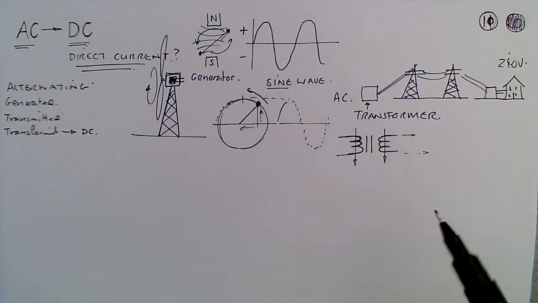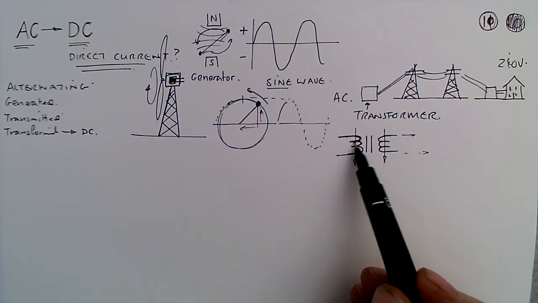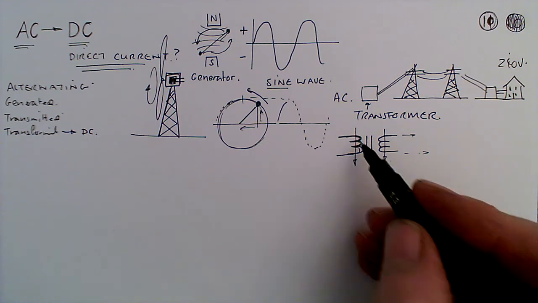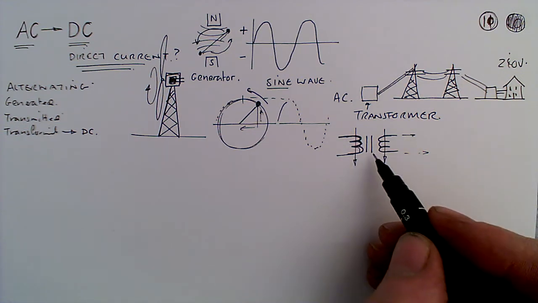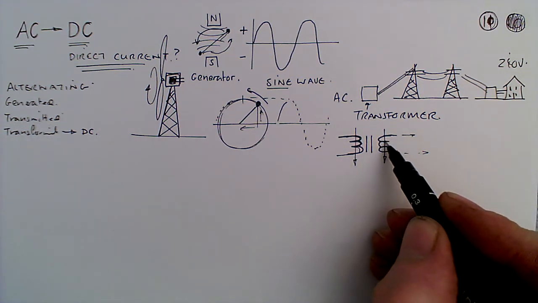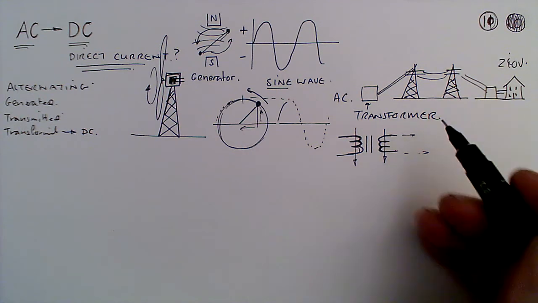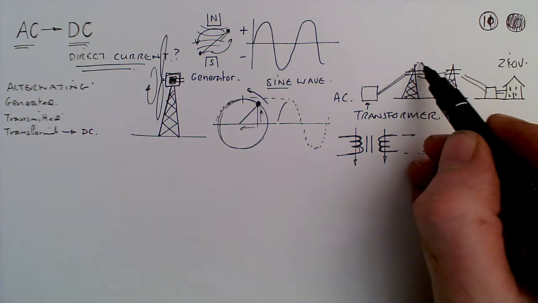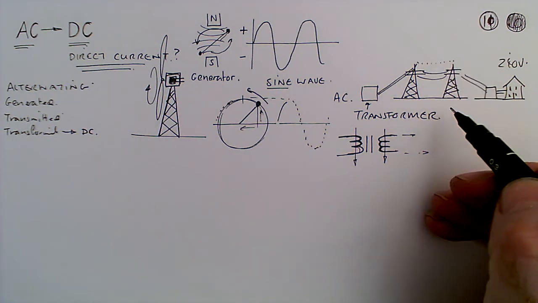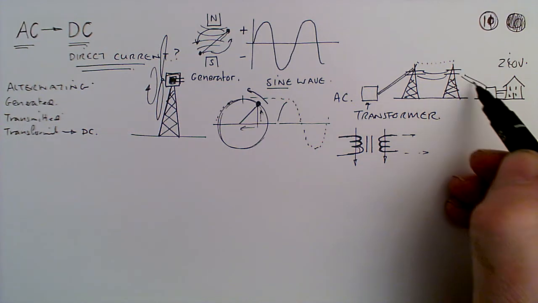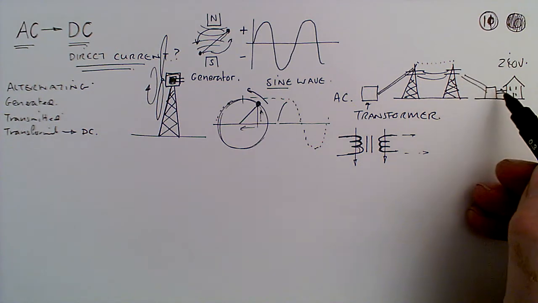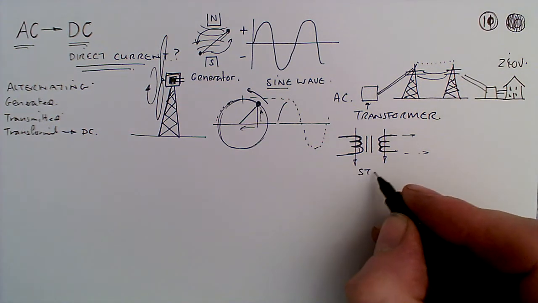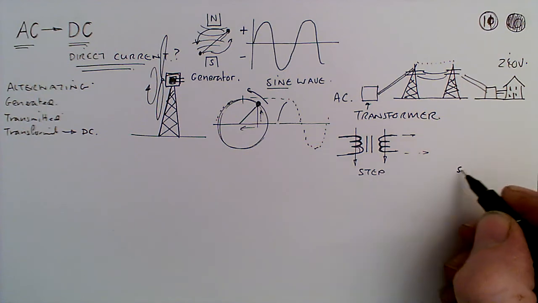We can use a transformer, which is basically coils of wire wrapped around a piece of iron to induce a current in another coil. We can then send that around the national grid. Eventually it's sent to another transformer and it's stepped down, so we step up and we step down.